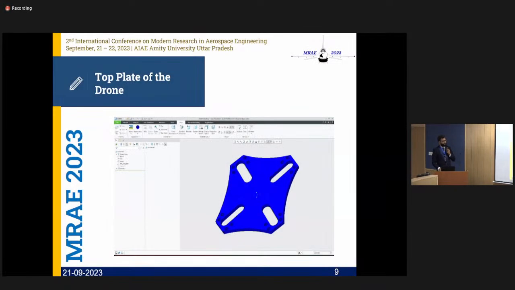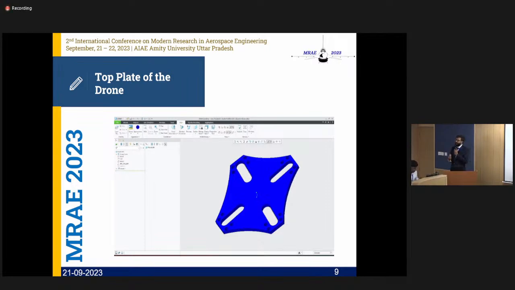Fine. Then we have the top plate. Why do we have this top plate? We are giving protection to all the electronic components that have been kept in the bottom plate. On the top plate, generally, we try to keep the battery. Why is it necessary to keep the battery separate from your electronics bay? Many kids I have seen try to keep the battery along with the flight controller.